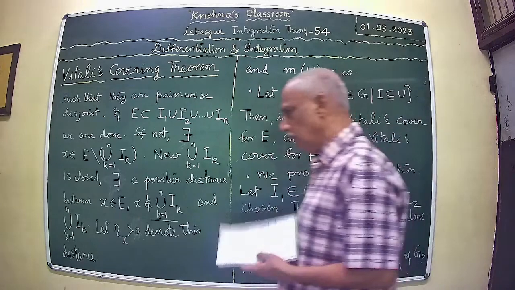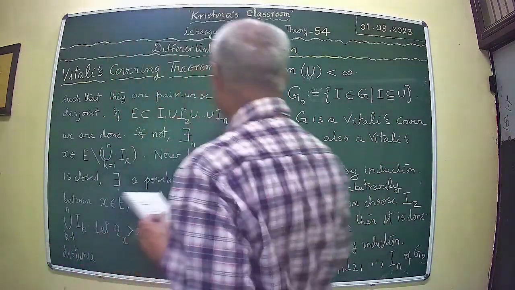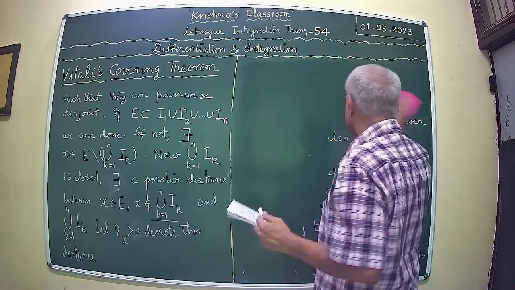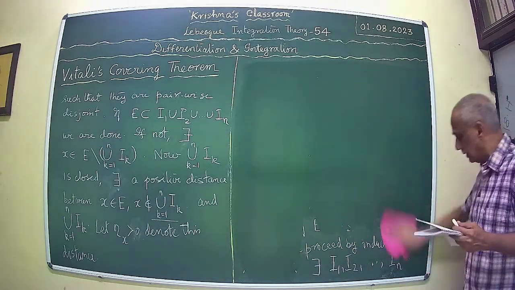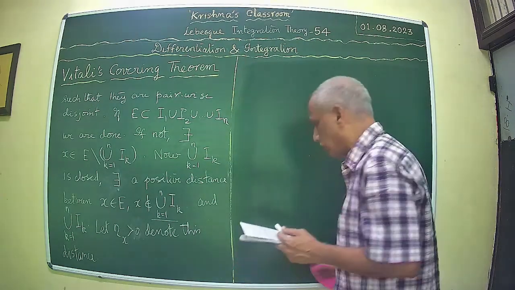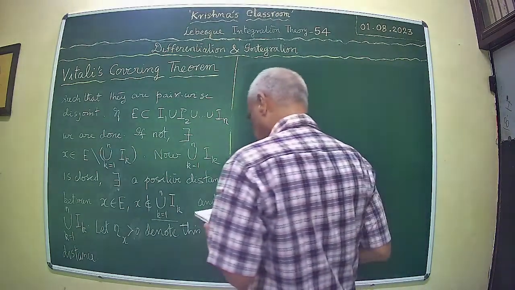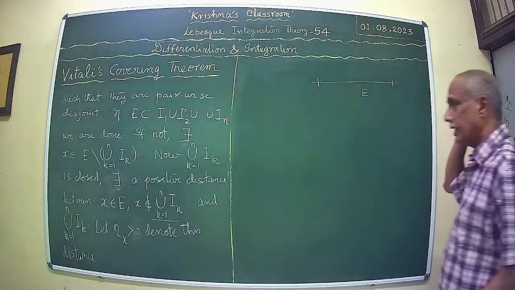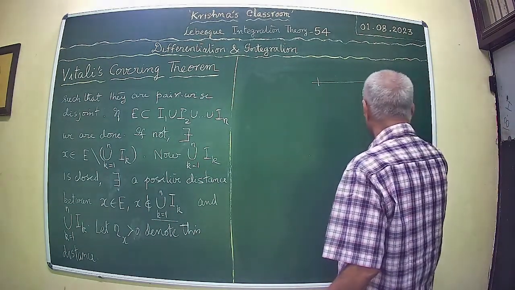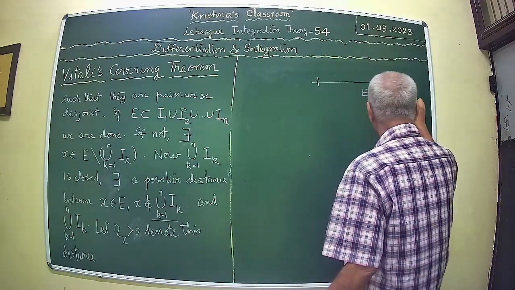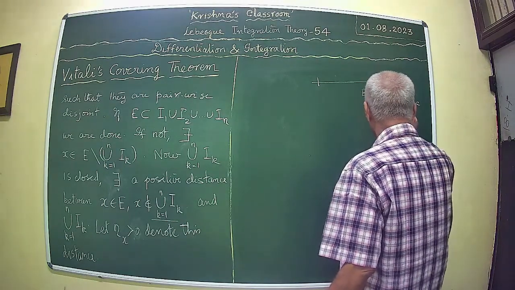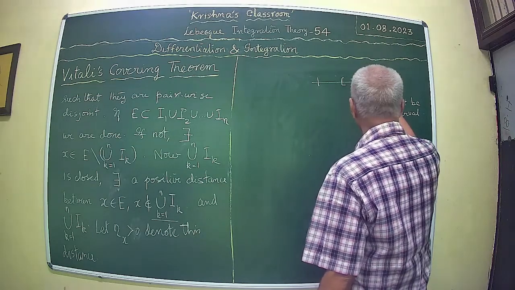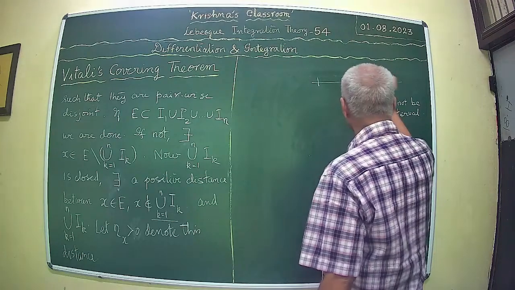Okay. Now let us try to work out or draw a figure so that we give you some insight into what is going on. Now this is not an exact picture because E need not be an interval, but I would draw E as an interval to make the ideas clear, with a warning that E need not be an interval. This is already covered by a finite collection of I1, I2, ..., IN, not necessarily in the same order.